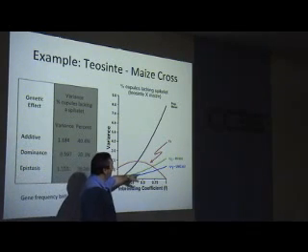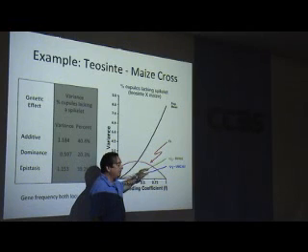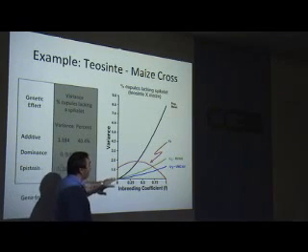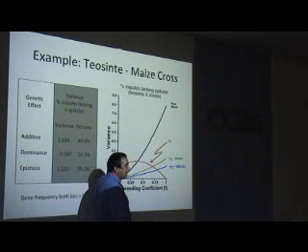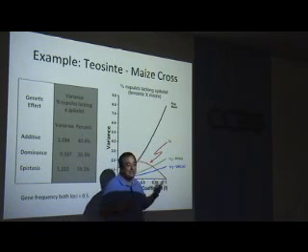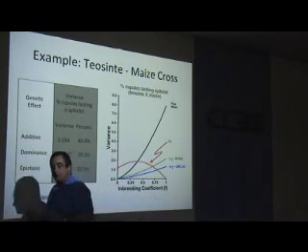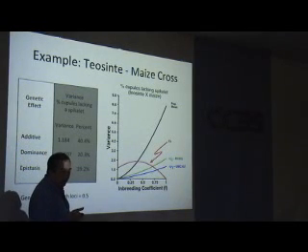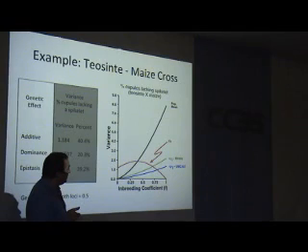This shows the variation in the average effects of the A and the B loci. And what that's telling you is that they do different things in different populations. They're going to have effects which change from population to population.